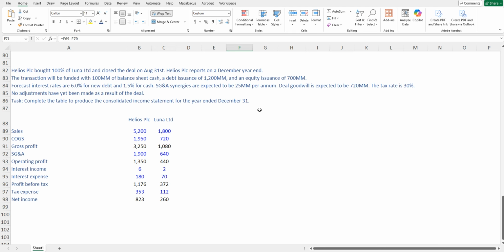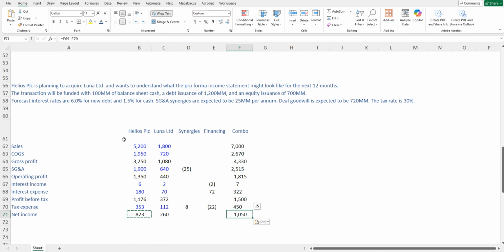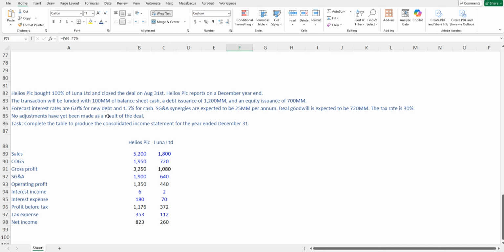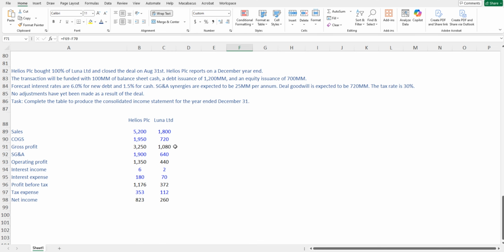They use cash, they issue debt, they issue equity. Interest rates are the same as the previous one as well. 6% for new debt, 1.5% for cash. SG&A synergy is the same as well. The only difference here is the closing date, right? Now, because of that, we need to understand the stub period.